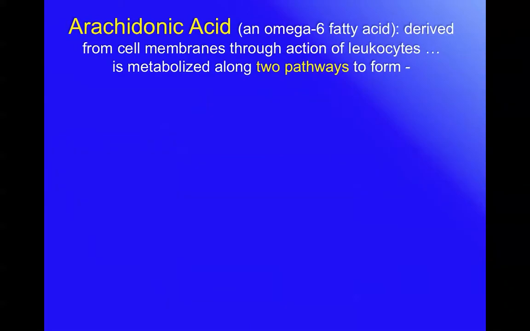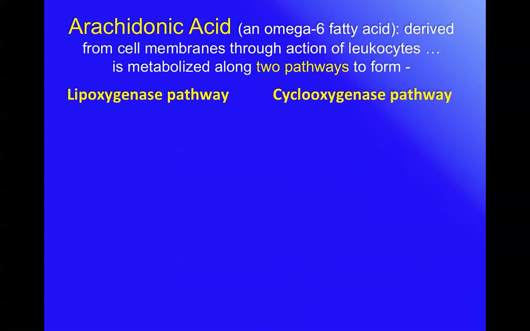Finally, there is an important group of mediators that come from arachidonic acid, an omega-6 fatty acid derived from cell membranes through the action of white blood cells. Arachidonic acid is metabolized along two pathways, the lipoxygenase pathway and the cyclooxygenase pathway.